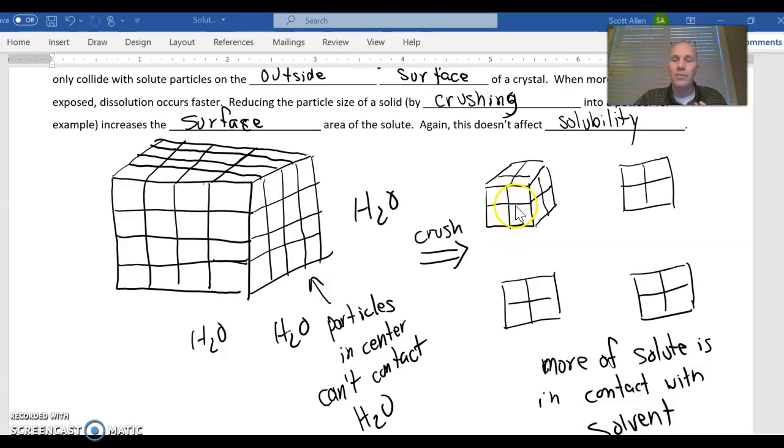Of course, when you have powdered sugar, it doesn't literally mean that you have 4 molecules, but there's going to be a much higher percentage of those sugar molecules that are exposed to the solvent, and that's just going to make it so that the overall dissolving process happens faster.